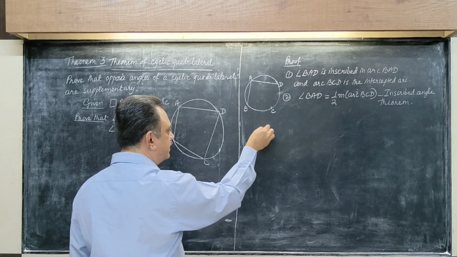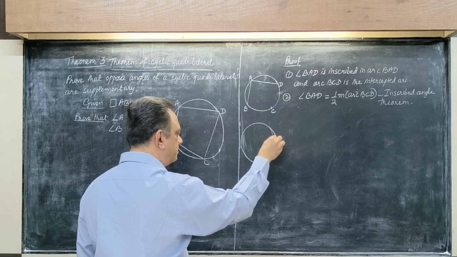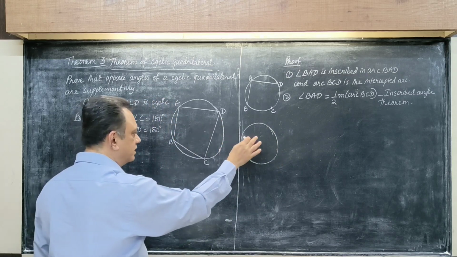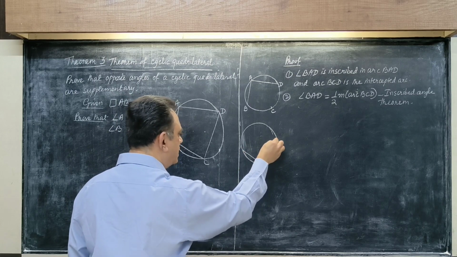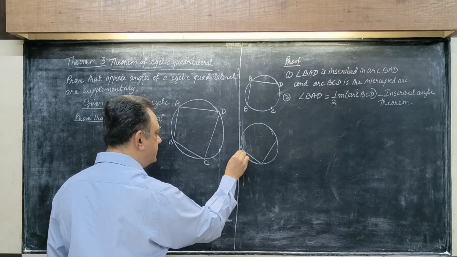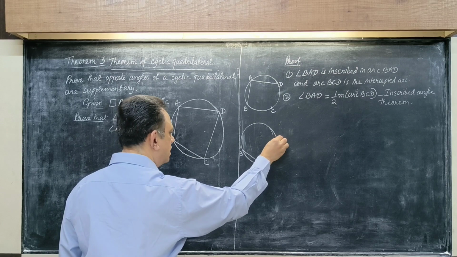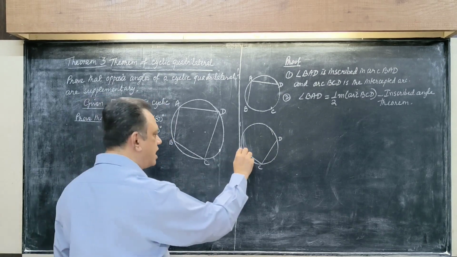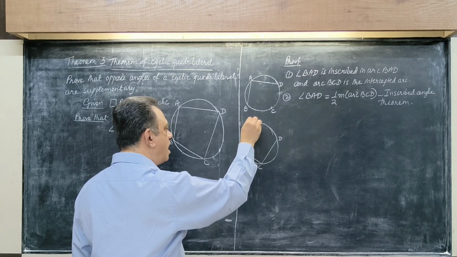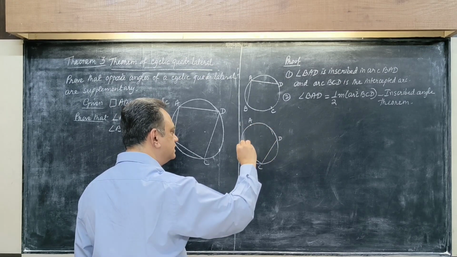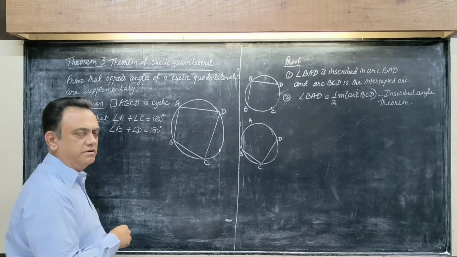Now look at this figure. Same diagram, I have taken this figure from here. I will take the angle BCD, which is inscribed in arc BCD, and arc BAD is its intercepted arc.